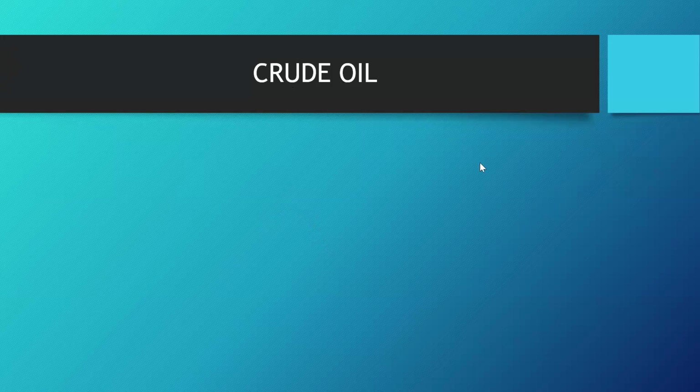Crude oil is a mixture of hydrocarbons that exists in liquid phase in natural underground reservoirs. Okay, thank you. I presume that word is reservoirs, if I'm not mistaken. Oh, yeah, but okay. Thank you. That is good.